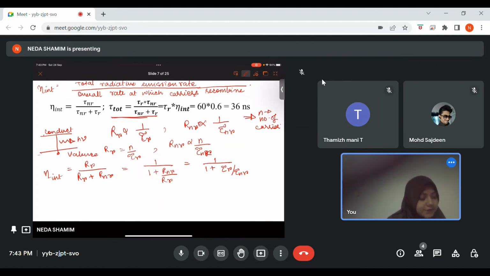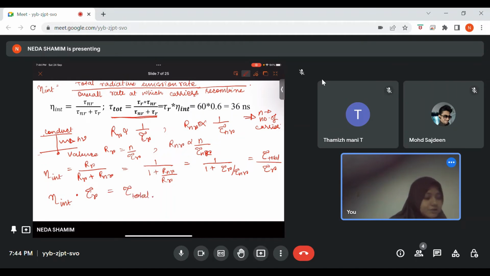Here I can just substitute. Just do the math and you'll get it. This will simply be tau total by tau r. So eta int times tau r will give you the total carrier lifetime.